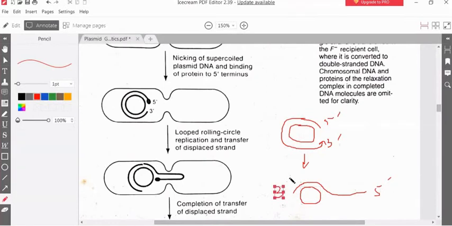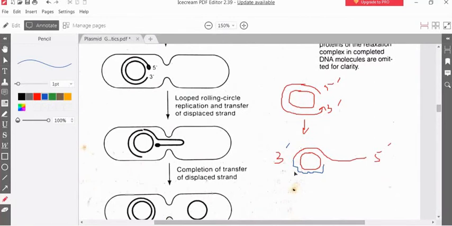Because we know that the 3' end of DNA has an exposed OH group, DNA polymerase can synthesize new DNA at that position. It means whatever DNA has been transferred has already been replicated by the original bacteria.